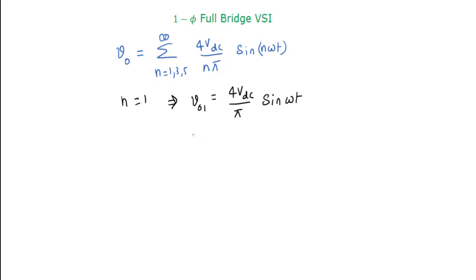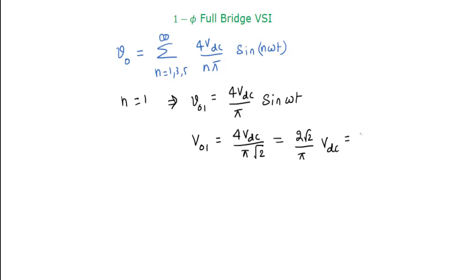So now the RMS value of the sine wave is nothing but maximum value divided by root 2. So here it is 4 VDC by pi whole divided by root 2. Root 2 cancels root 2 times here, that means 2 root 2, so it is 2 root 2 by pi into VDC.